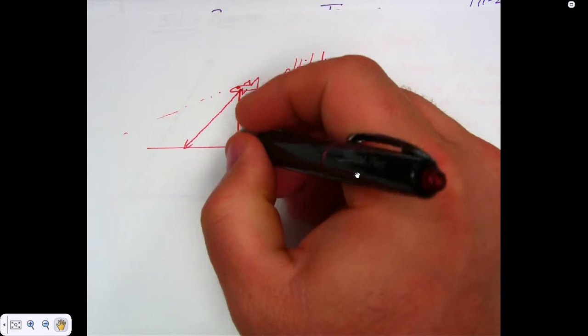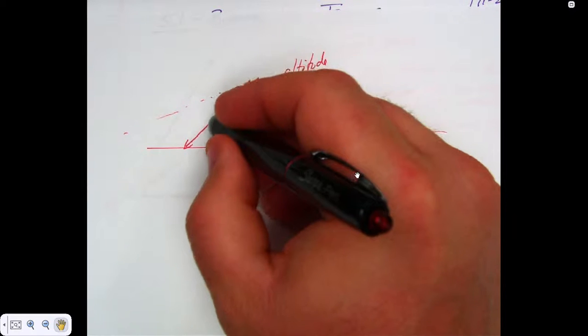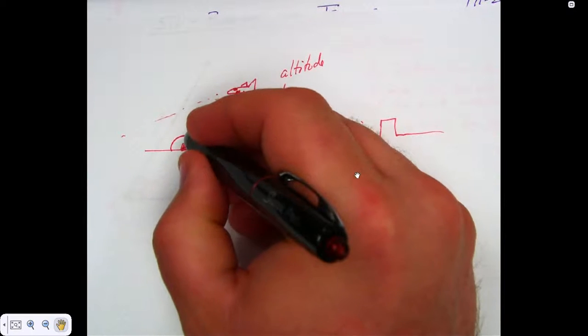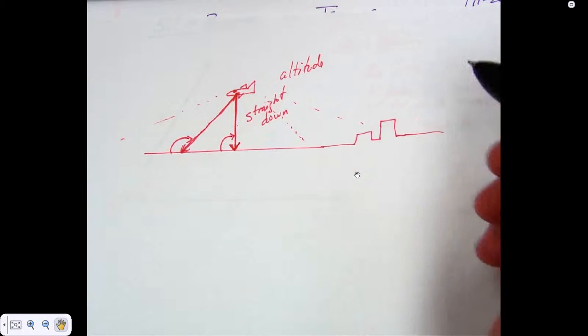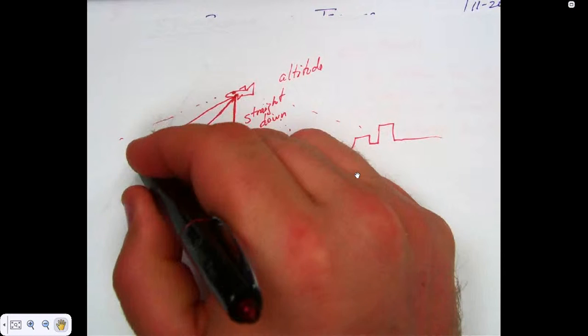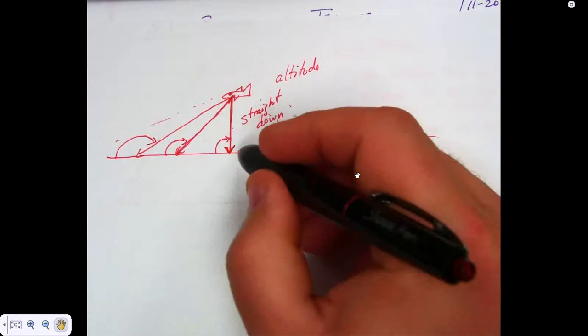When you look at these two right here, does that angle look different than that angle? Yes. If I went more over here, does that angle even look different than the other two? Yes.